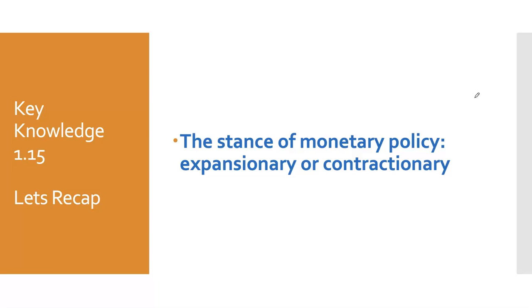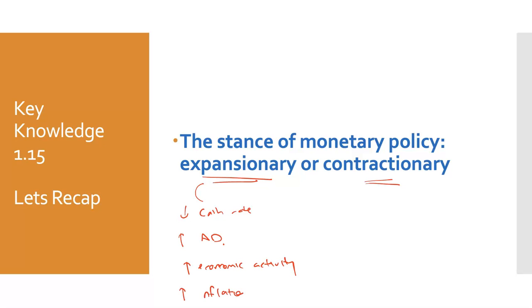Now, I hope that this has helped you understand monetary policy, and in particular, expansionary and contractionary. Monetary policy that is expansionary occurs when the cash rate goes down. And this has occurred because we want to drive aggregate demand, increase economic activity, so expand the economy, and we understand that this will increase inflation, but we're okay because it's below our target at the moment.